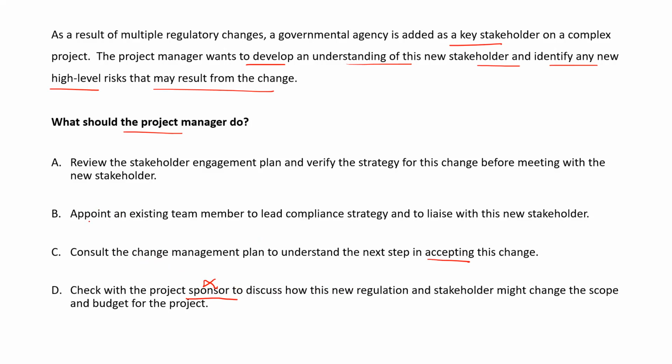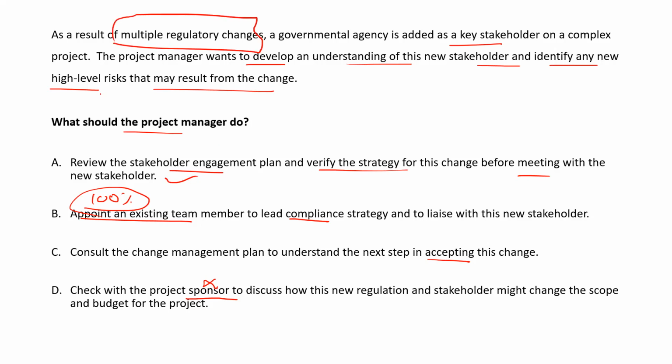No. Appoint an existing team member to lead the compliance strategy. Stakeholder engagement is 100% the responsibility of the project manager. You will not put it on your team member. Review the stakeholder engagement plan and verify the strategy before meeting with the new stakeholders, so you can collect what the regulatory requirements are and how to do it.